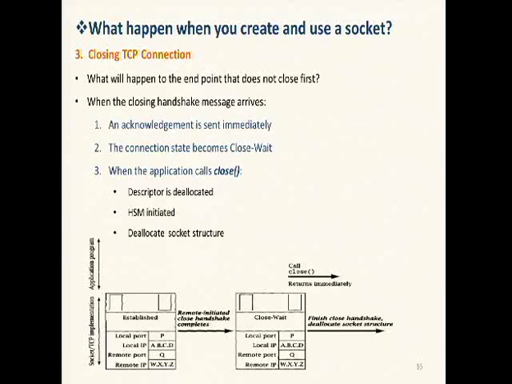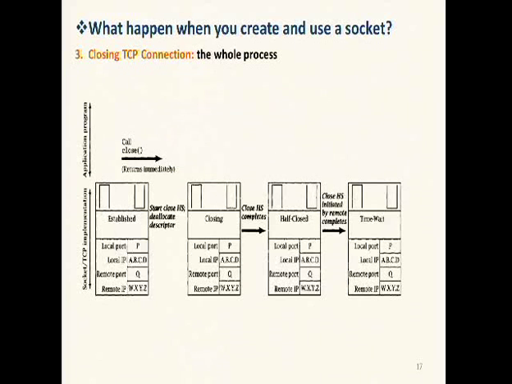And we know it now on both sides, the client side and the server side. So this is the whole process. All right, so here we call the close. We initiate closing the connection from one side. It was an established connection, and now we are in a closing state.